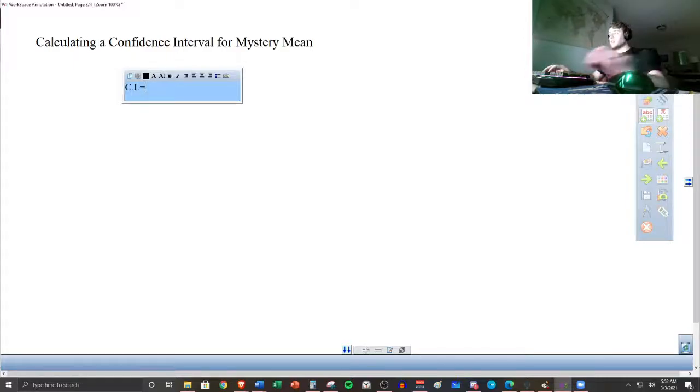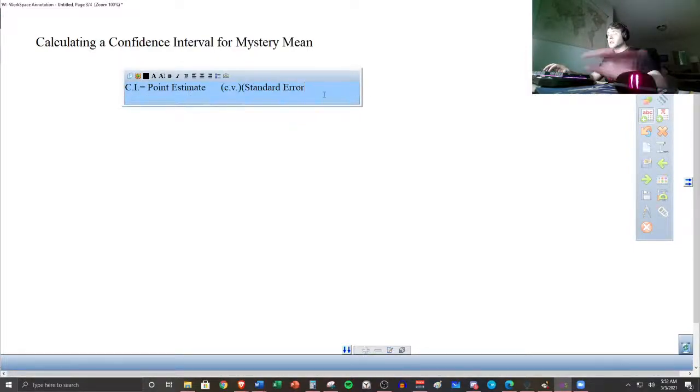So confidence interval is equal to, it says statistic, which on that slide is actually the point estimate. The next time I write point estimate, it's going to be PE, okay? Plus or minus the critical value times the standard error. So I'm going to really start abbreviating a lot of this, okay?